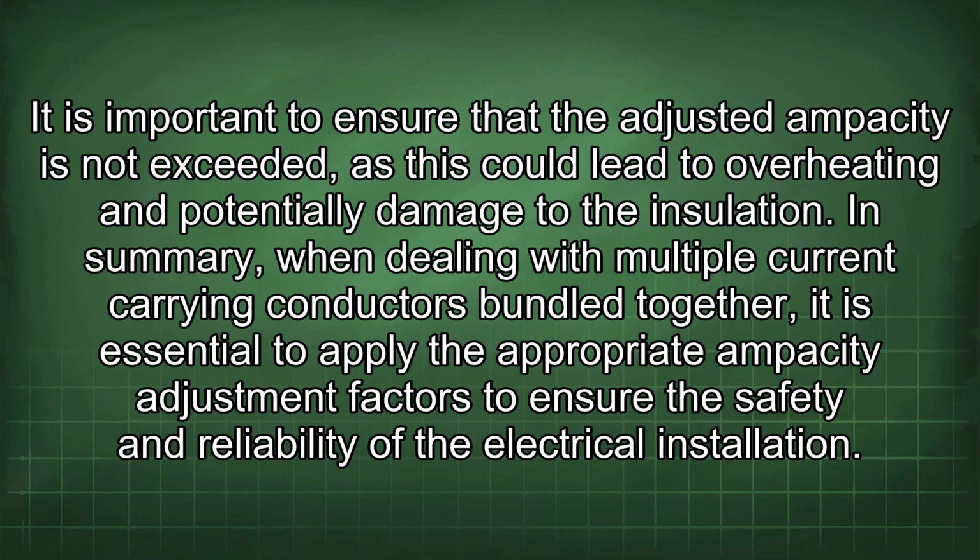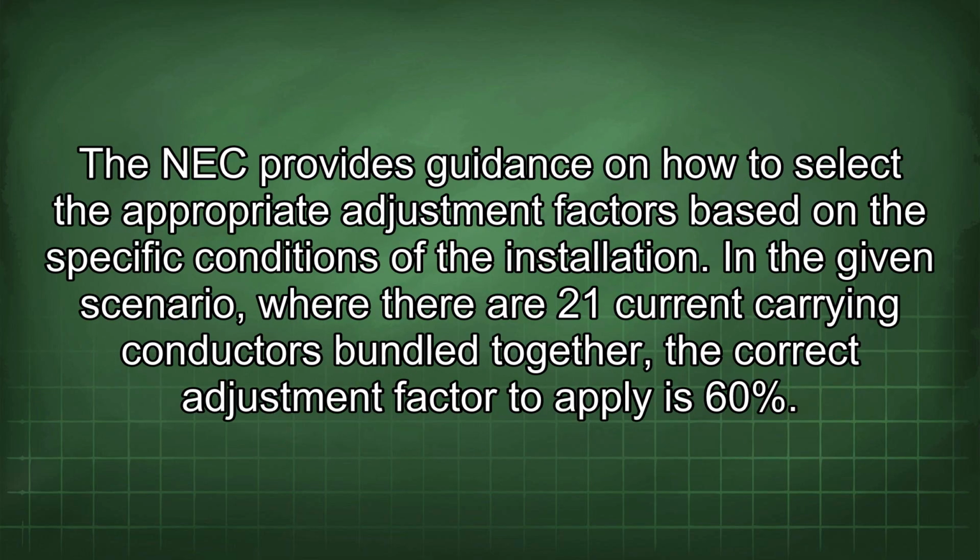In summary, when dealing with multiple current-carrying conductors bundled together, it is essential to apply the appropriate ampacity adjustment factors to ensure the safety and reliability of the electrical installation. The NEC provides guidance on how to select the appropriate adjustment factors based on the specific conditions of the installation. In a given scenario, where there are 21 current-carrying conductors bundled together, the correct adjustment factor to apply is 60%.